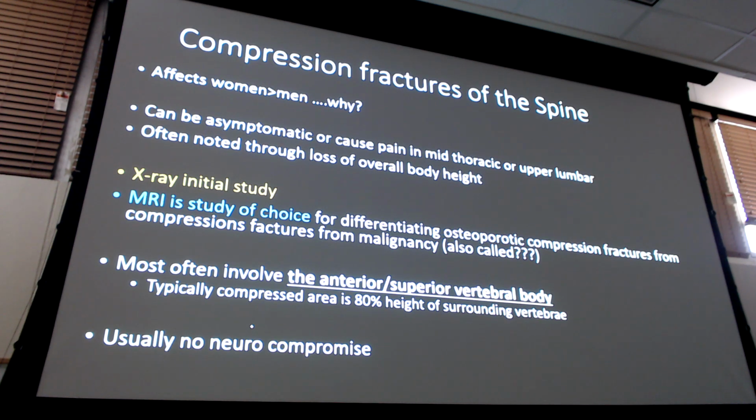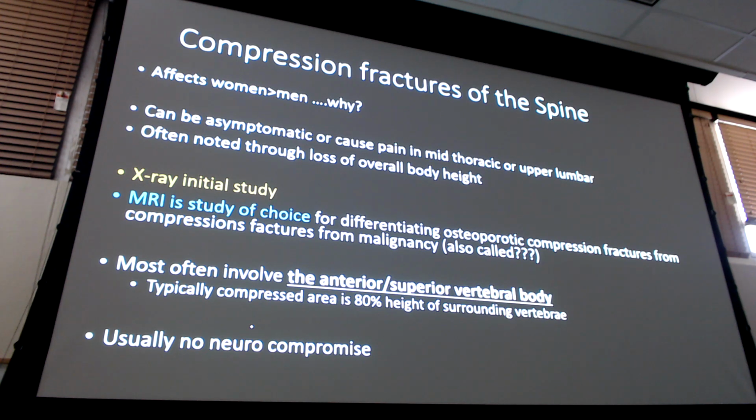But if I have other history or other symptoms, right? Osteoporosis isn't causing unexplained weight loss. Osteoporosis isn't causing night sweats or unexplained fevers or things along those lines. So if I find a compression fracture and my patient is having some of those symptoms, I'm probably going to go to an MRI to make sure it's not a malignancy, like a cancer, causing the compression fracture as opposed to your standard osteoporosis. Okay? X-ray is your initial study.